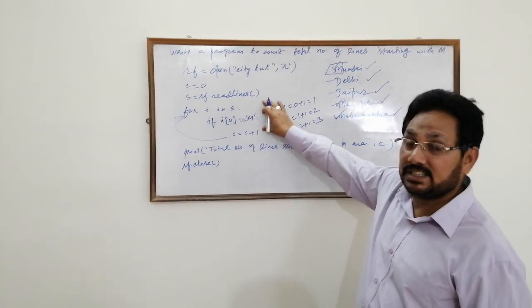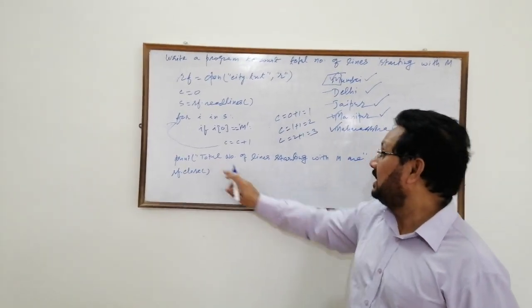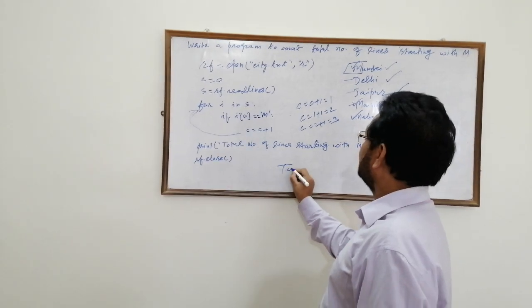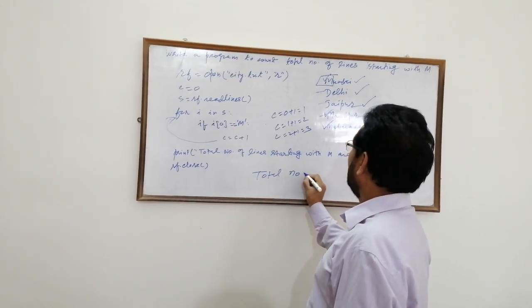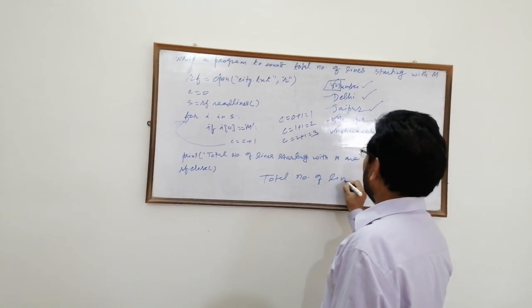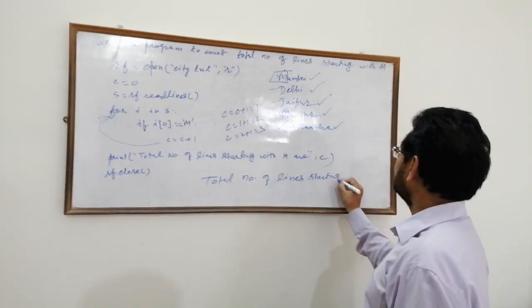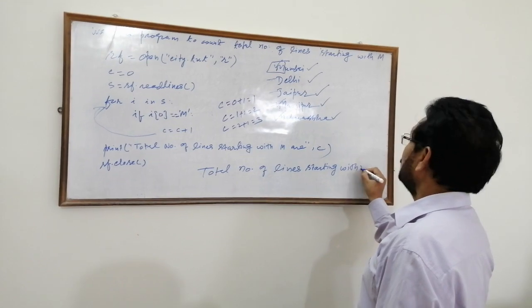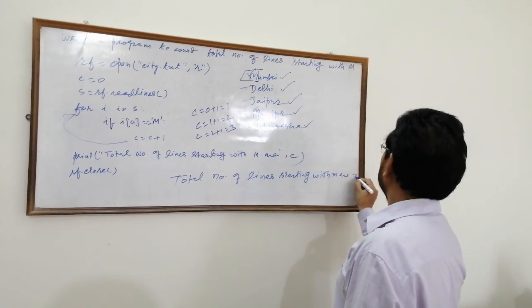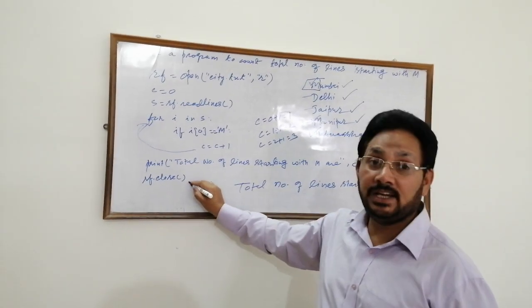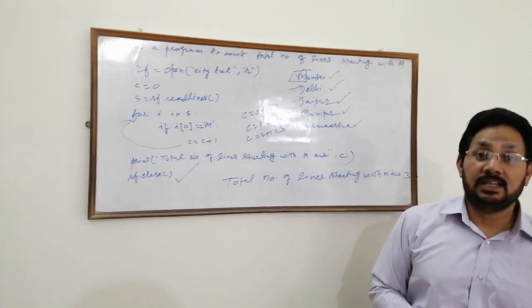Once the loop is completed, it will come to the next line and it will show you the result as total number of lines starting with M are 3, and finally close the file.